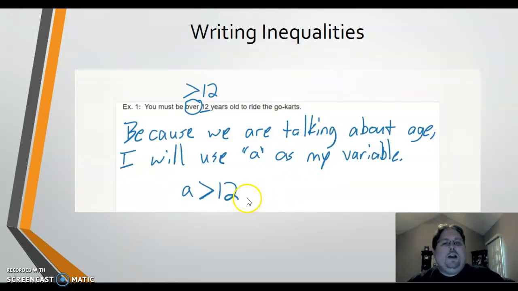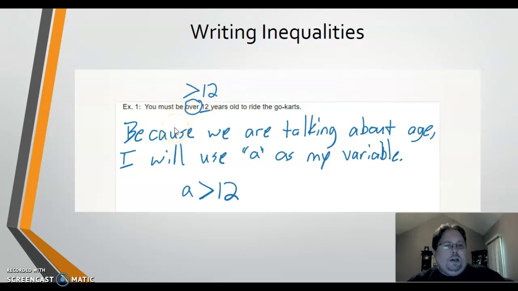Now, here's an example for writing inequalities. The first thing you want to do is find your keyword. In this statement, you must be over 12 years old to ride the go-kart. So over is our keyword. If you think back to our keyword chart that we just looked at, over meant greater than. And we're going to use this number 12, so it's greater than 12.